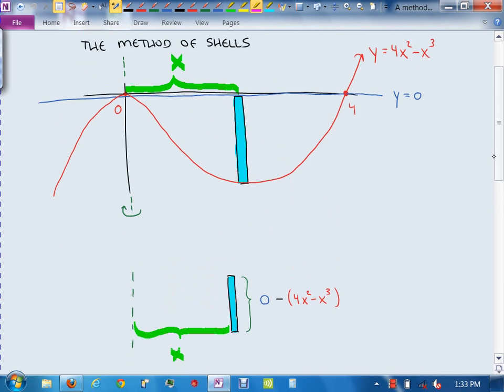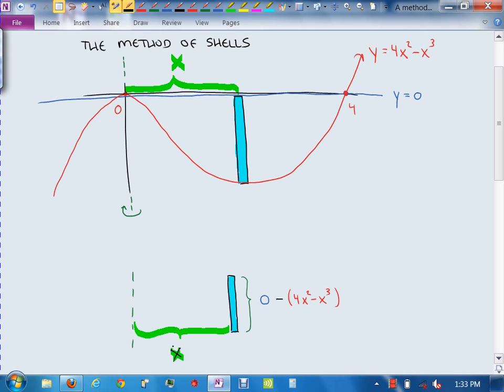Let's point out some things before we wrap it. The distance from the axis of rotation to the rectangle itself is x. That's supposed to be an x there; it doesn't come out very good here. That's the distance from the origin to the rectangle, x.